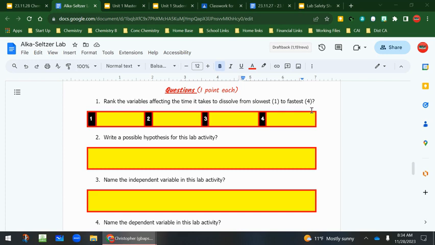The time. Those were the only three things that changed in this lab. We should have used one Alka-Seltzer. We should have used 100 milliliters of whatever liquid. The only things that we actually changed were the temp, the type of liquid, and the time. You controlled some of those, and some changed because of what you controlled. That's the answers for 3 and 4.